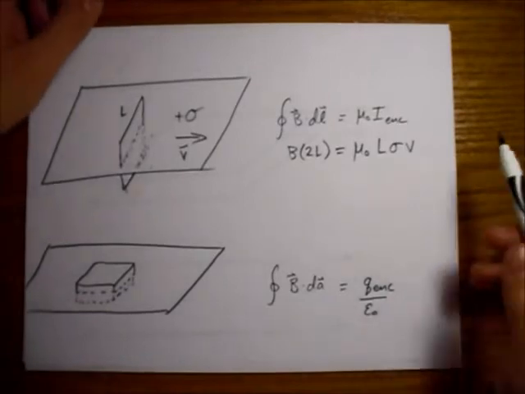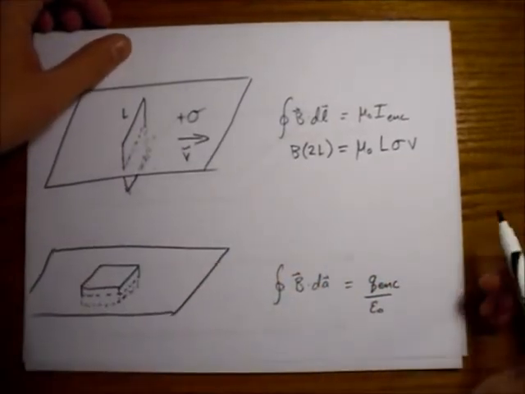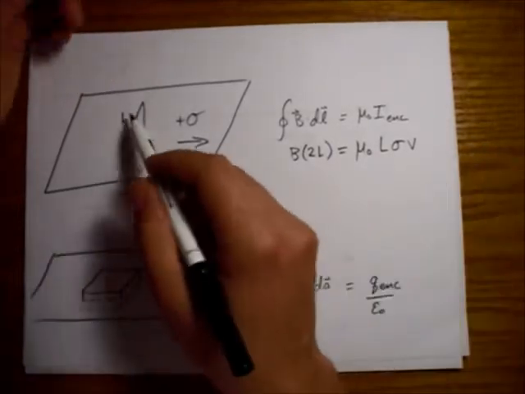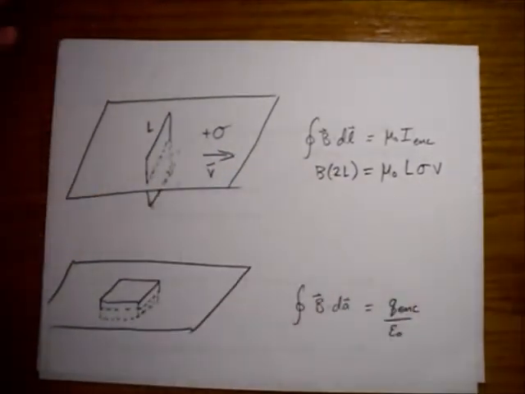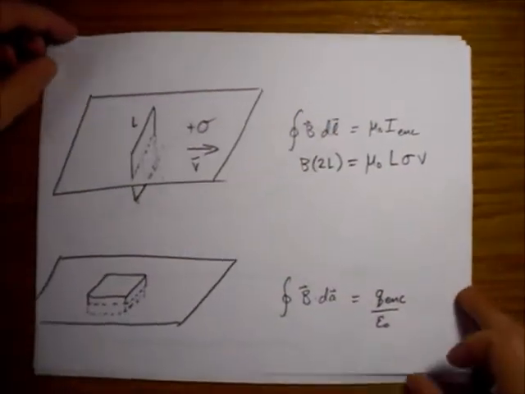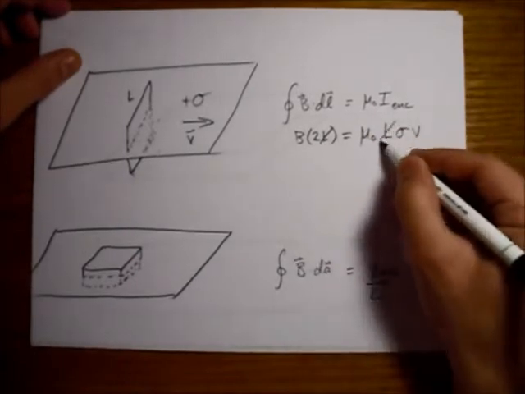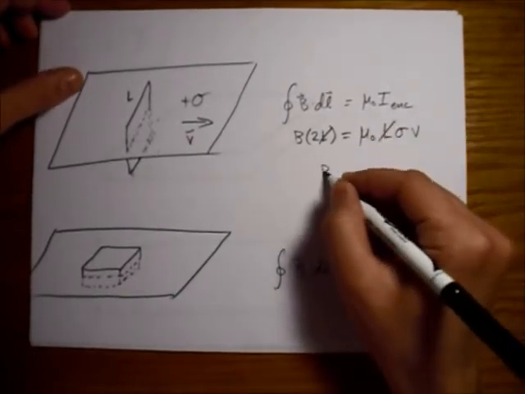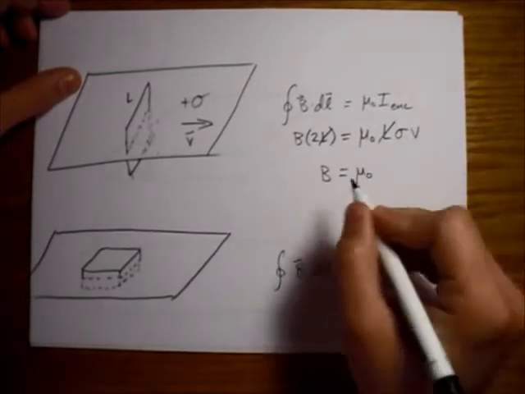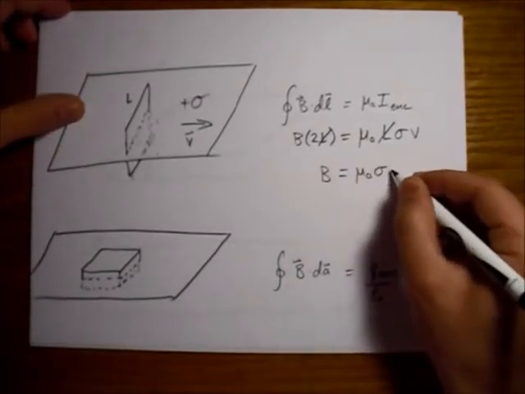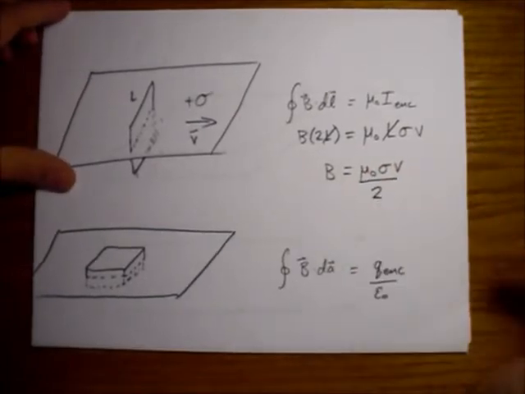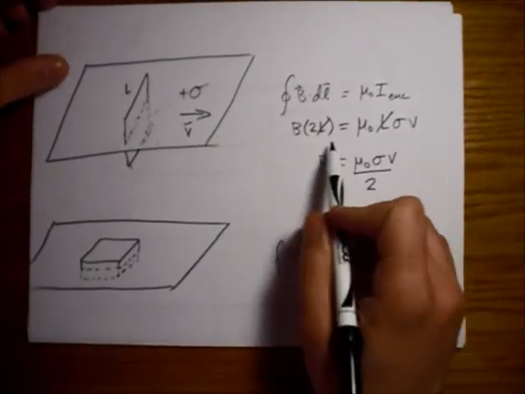Again, at the end we'll get that direction from the right-hand rule. Fortunately our L cancels out, because that's just arbitrarily chosen by us anyway. This L could be large or small. It shouldn't matter to the problem, and so fortunately that cancels out for us. B equals mu naught sigma V, divided by 2. And this is the magnitude of B.